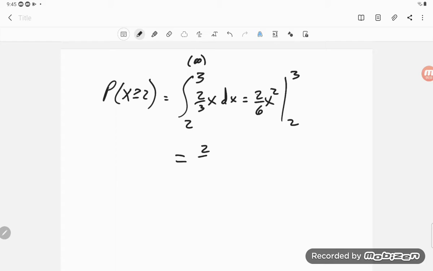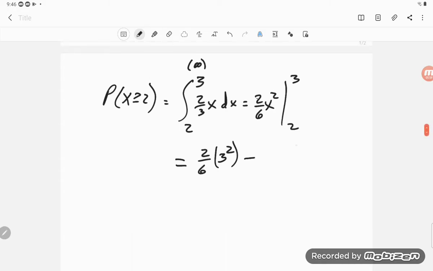So I get 2/6 of 3 squared. Okay, so something's wrong here. So we'll put 2/6, I think. Let's see, 9, yeah, because that's 1/3. I should have 1/9 there. And 2 squared.